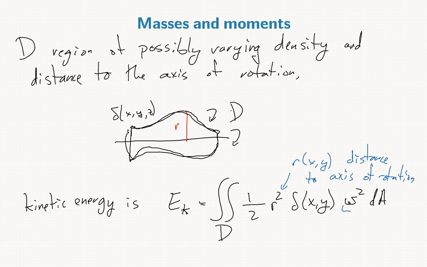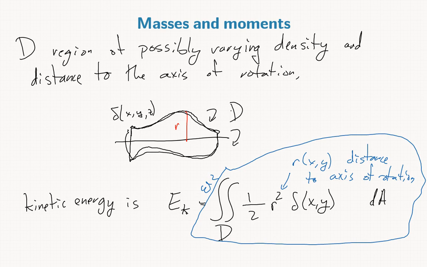But omega is a constant, so we can pull that out. So really the most important thing is this quantity.